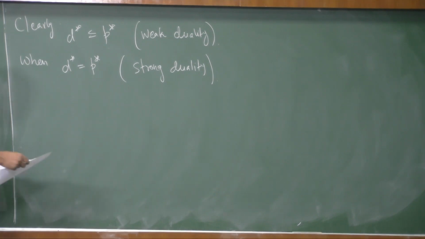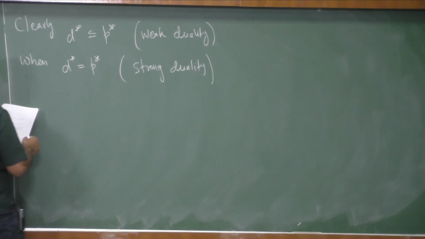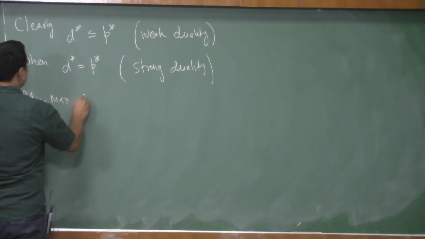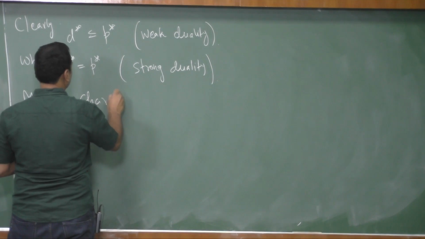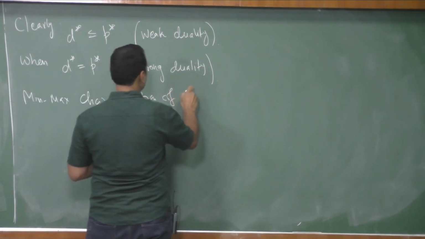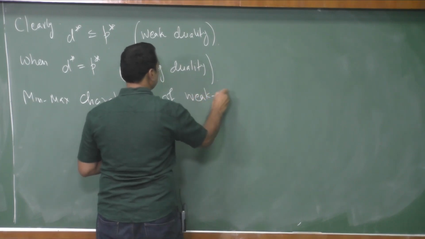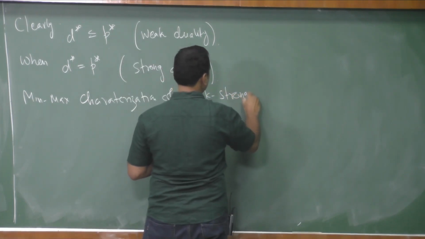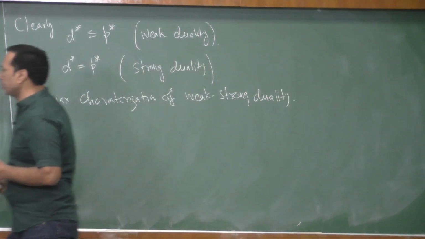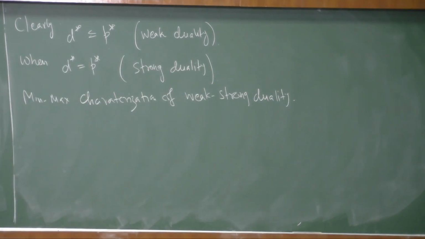So we have to look into that argument: the min max characterization of weak and strong duality, because we will need that in WGAN, where we will need to interchange.